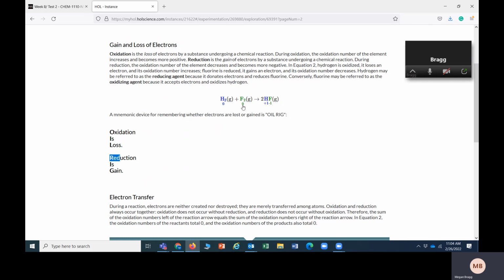So right here, that 0 is going to a -1. Now, oxidation is loss. When you become positive, it's because you are losing electrons. When you become negative, it's because you are gaining electrons. So that's where this little mnemonic comes from. Remember, if you determine that something is an oxidation, you have to flip the word when you're talking about the agent. It becomes reducing agent.